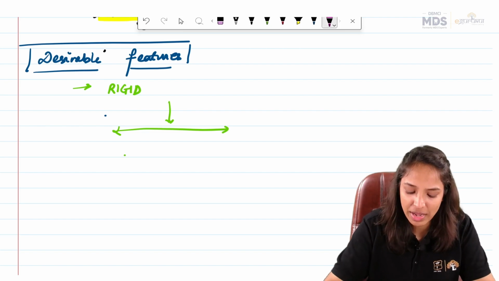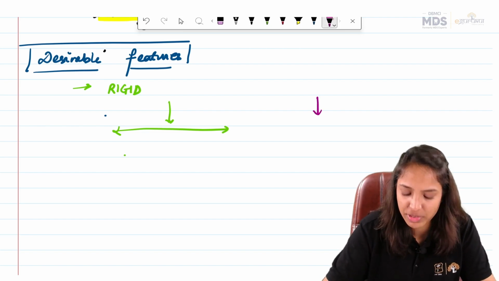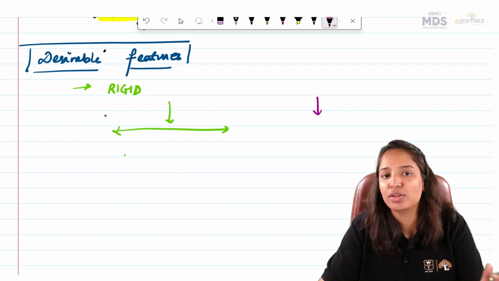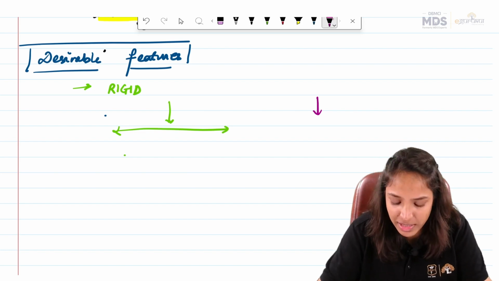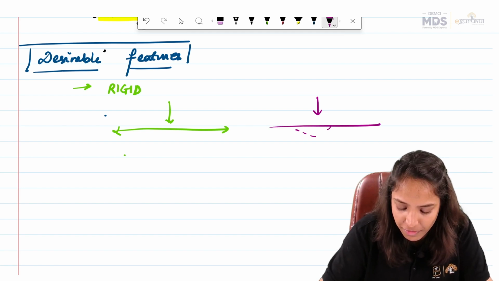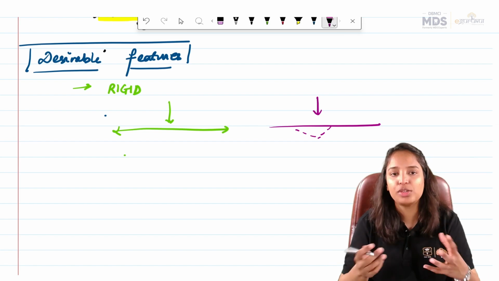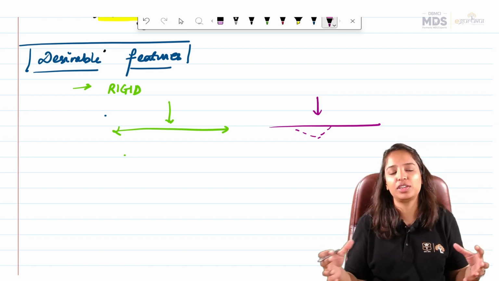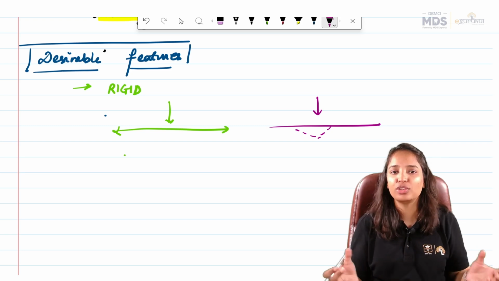But when you have a flexible prosthesis or a flexible major connector, such as one made not of metal but say of acrylic, the tendency is that wherever the point of application is, that point will flex and bend, and it will take the load in majority and only less of it will be dissipated to the adjoining structures.